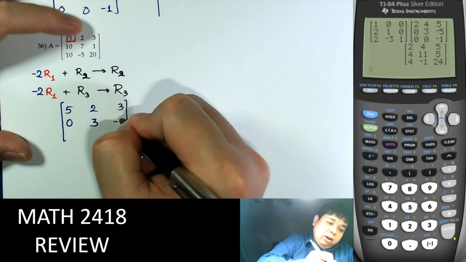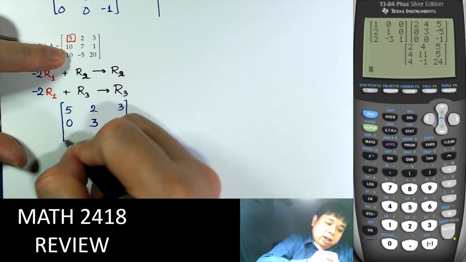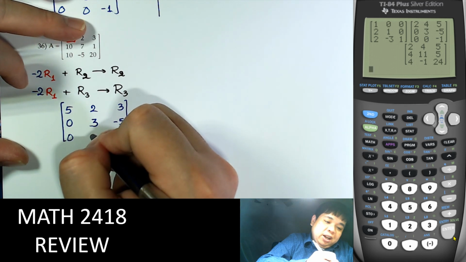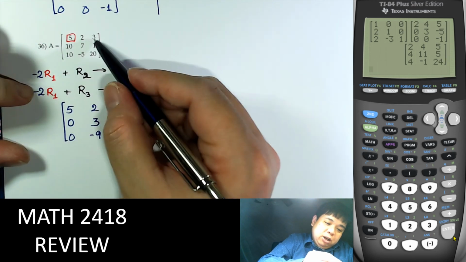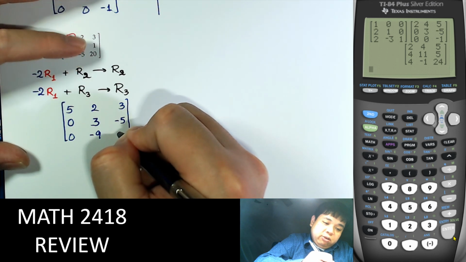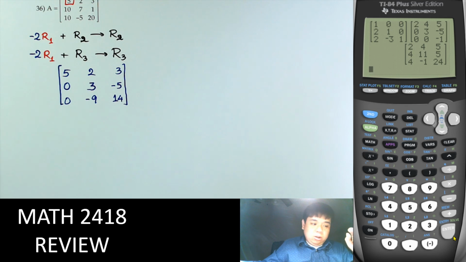Plus 1 is negative 5. Right. 5 times negative 2, that's 0. Negative 2 times negative 2 is negative 4. Minus 5 is negative 9. Negative 2 times 3 is negative 6. Plus 20, that's 14. Right. So we're done with the first column.